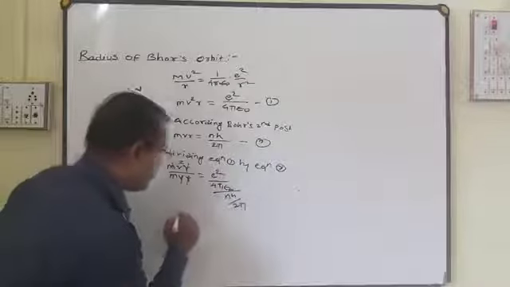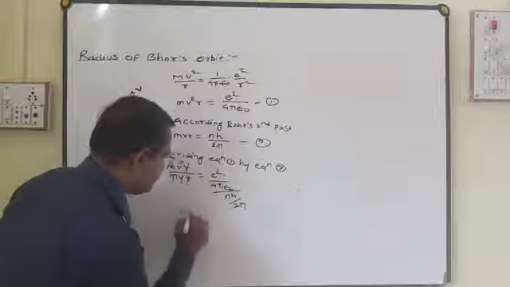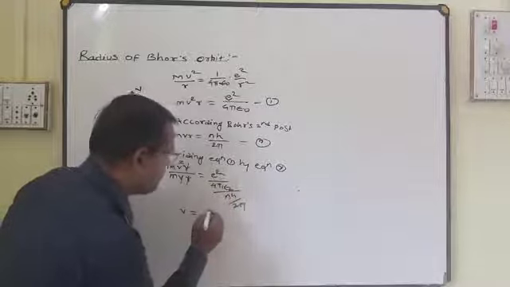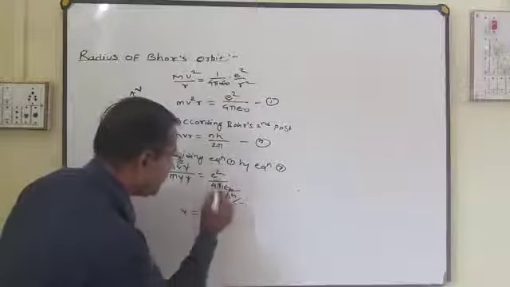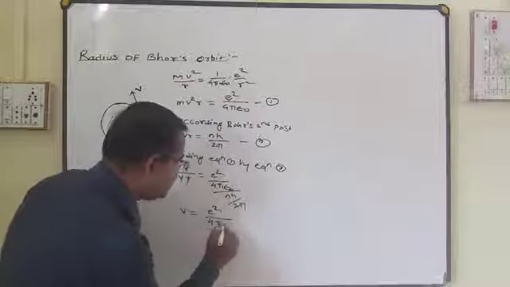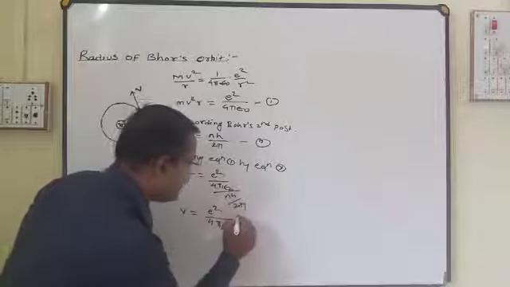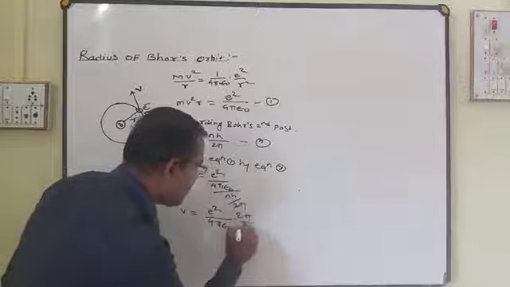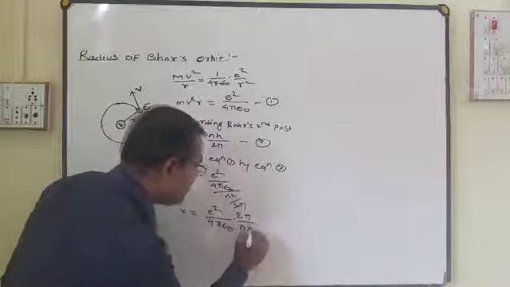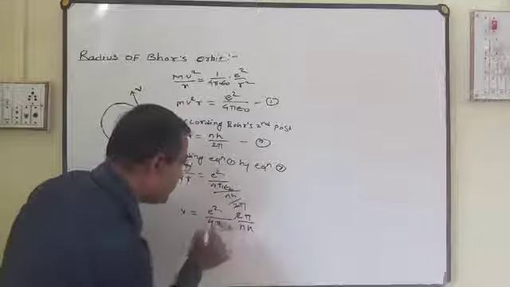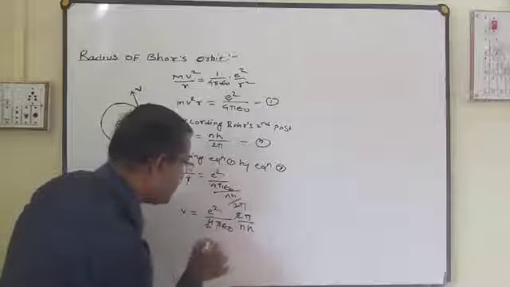So this can be written as velocity v is equal to e square divided by 4 pi epsilon naught, and this 2 pi goes to the numerator, so it becomes 2 pi divided by n into h. So this pi gets cancelled.